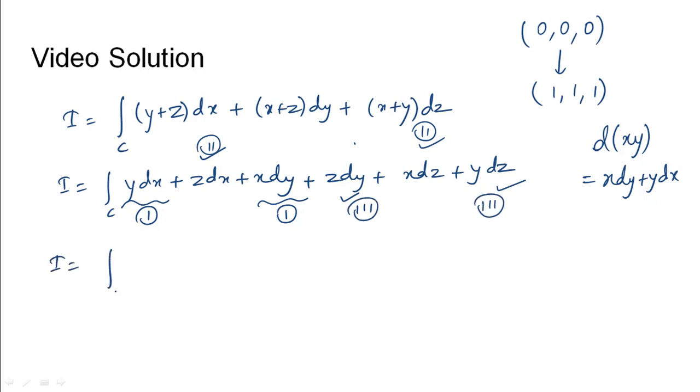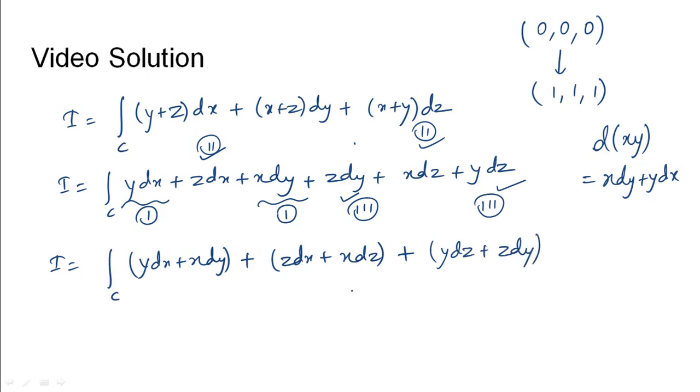So it will become I equals integral over C of the first two terms, y dx plus x dy, plus the second two terms, z dx plus x dz, plus y dz plus z dy.